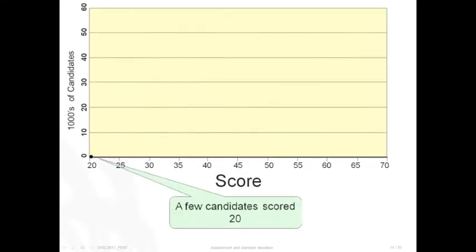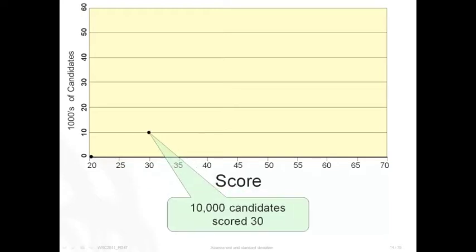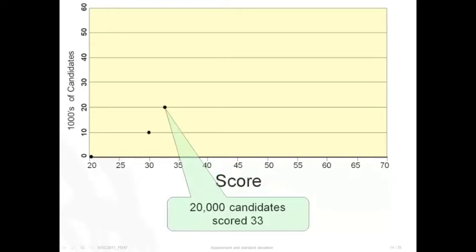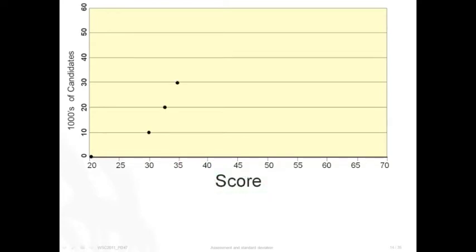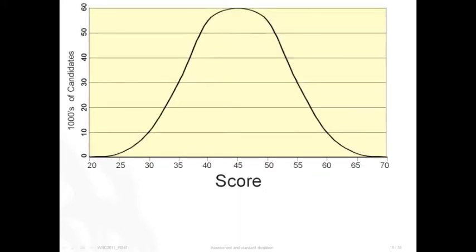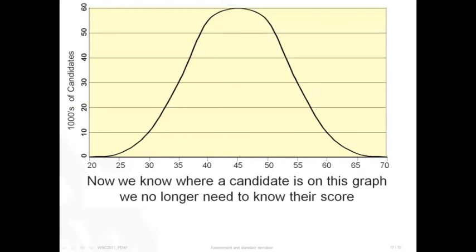A few candidates in the exam scored 20, 10,000 candidates scored 30, 20,000 candidates scored 33, and if we carry on plotting the graph, we can complete the graph to clearly show the achievement of all of the candidates. Now we know where a candidate is on this graph, we no longer need to know their score.